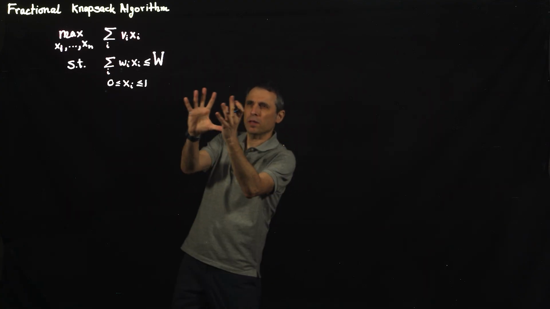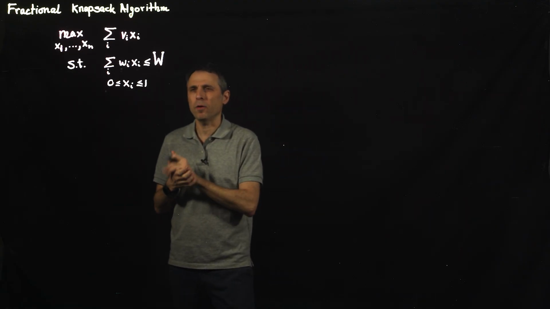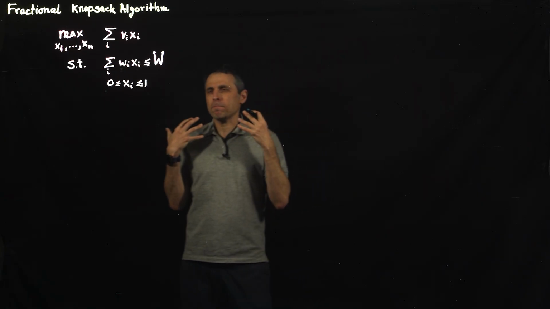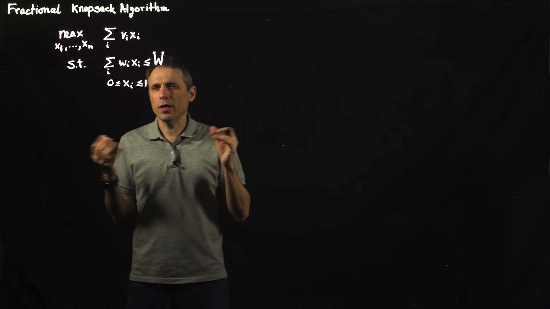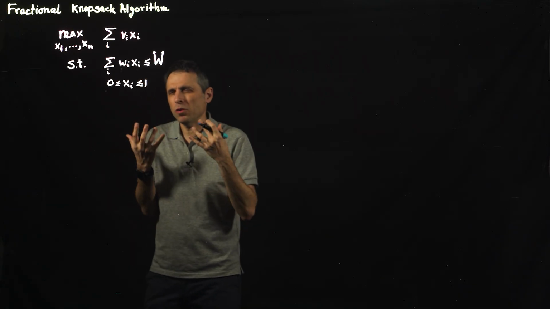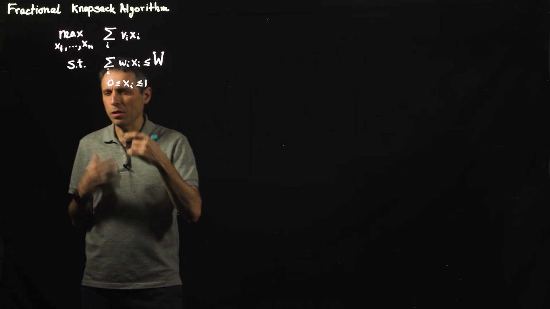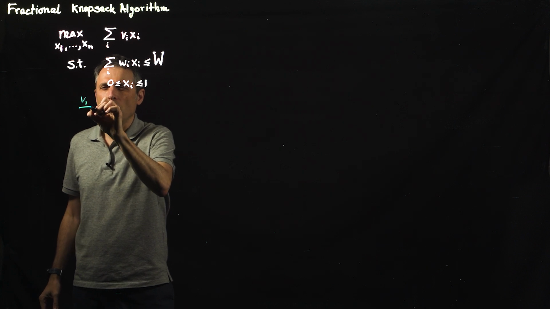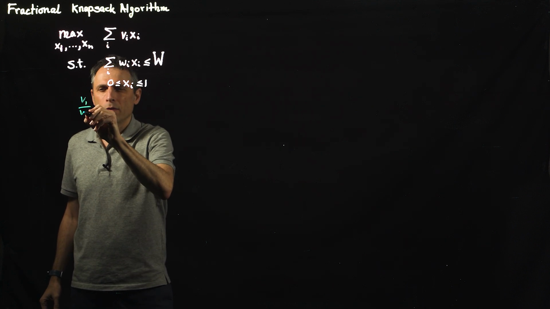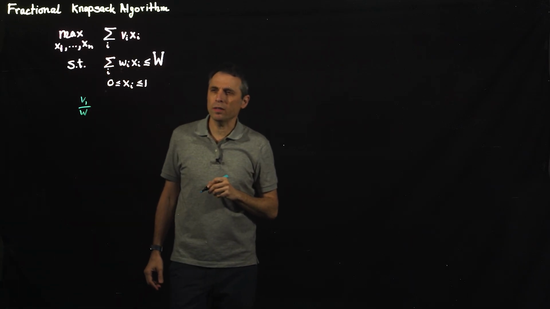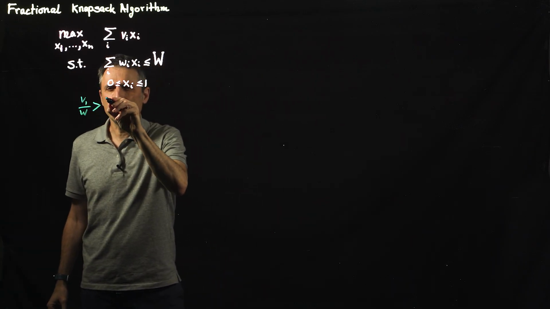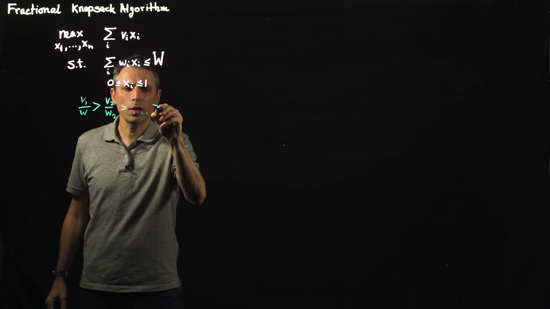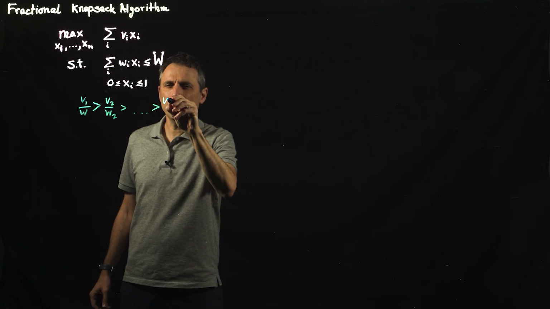If we are economists, we think about cost, and this is our budget constraint and so on. But let's stick to the story behind this problem. Without loss of generality, we saw that we computed the density. So let's assume, for the sake of the argument, that V1 over W1, the density of the first item, is strictly bigger than V2 over W2, and we continue like that down to Vn over Wn.